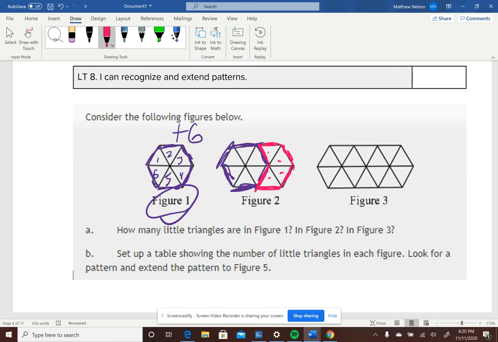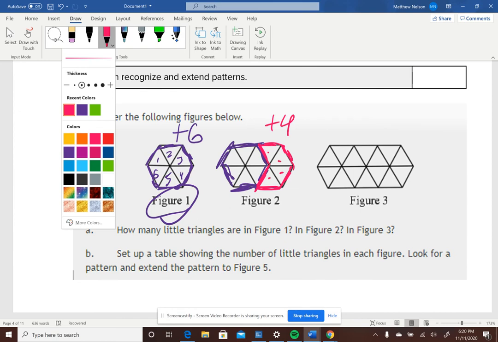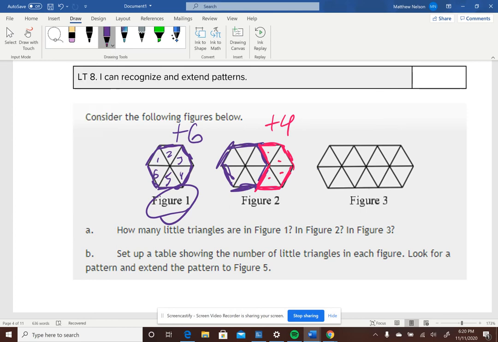All right, so it's going to be that initial 6 plus 4. And I'm going to do the same thing on this next one here. All right, I am going to show my initial 6. All right, so 6 plus 4.